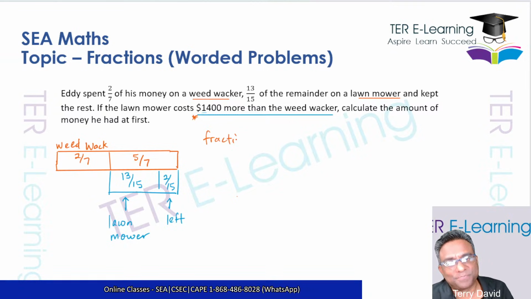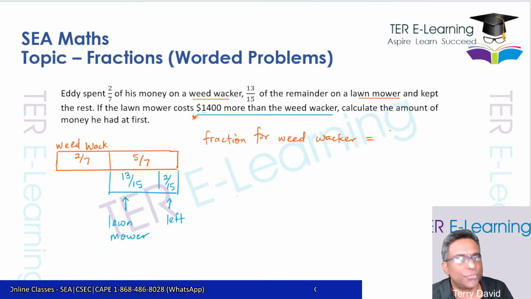So the fraction for the weed whacker is equal to 2/7.